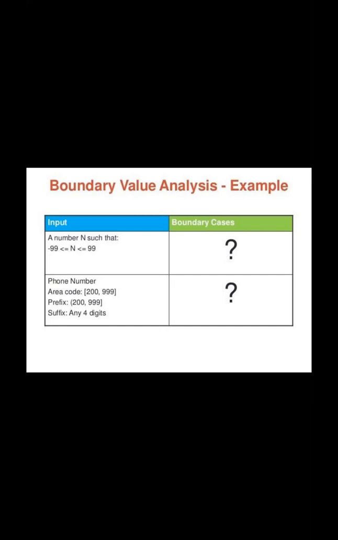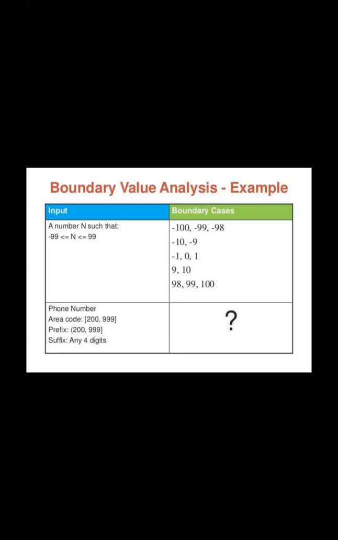For the given constraints, the number n ranging from minus 99 to plus 99 is valid. The boundary conditions are: one value below minus 99 is minus 100, the boundary itself is minus 99, and one value above it is minus 98.